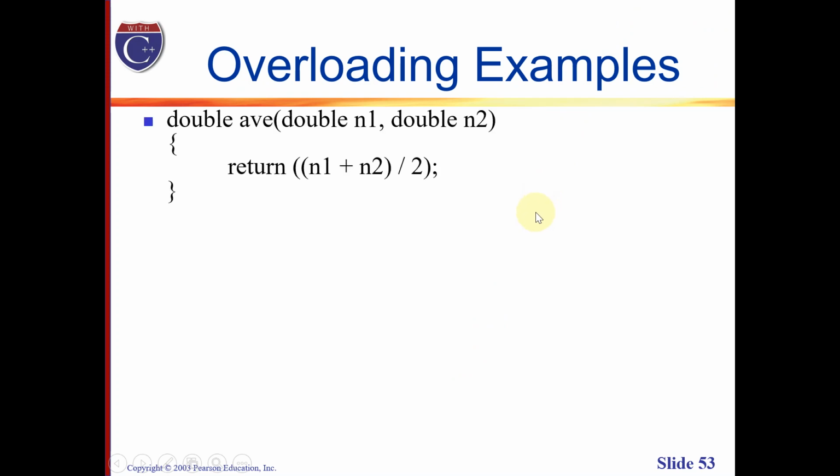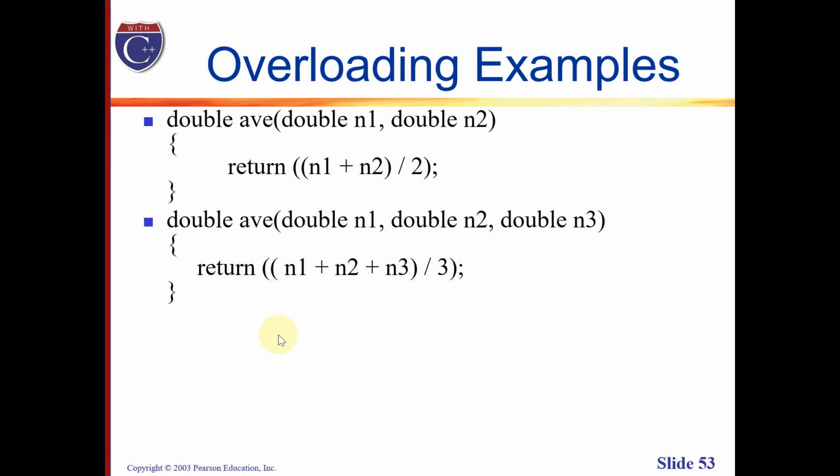Here's an example. For instance, we have the function named average. We have the following return type and of course the parameters that are required by the function and its function body.